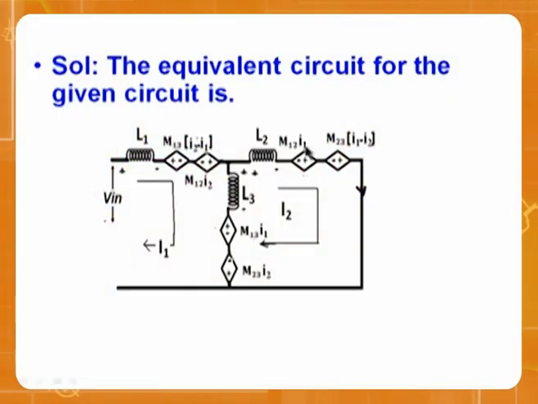Now, when I come to here, what will be inducing? This will be induced due to I1. This will be induced due to I1 in opposition with I2. So, got it? In L2 you have two inductions, in L1 you have two inductions. In L3 also you have two inductions.